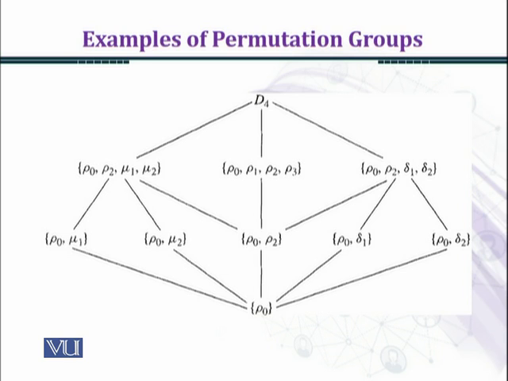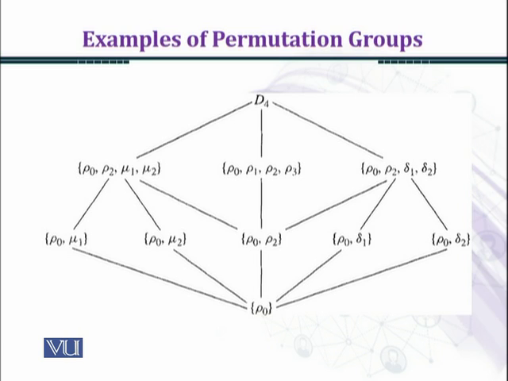We have seen that up to isomorphism there are two structures of a group of order 4: one is cyclic and the other is Klein 4. Here the order of rho 2 is 2, and the orders of mu 1 and mu 2 are also 2, which shows that this group is not cyclic because there is no element of order 4.